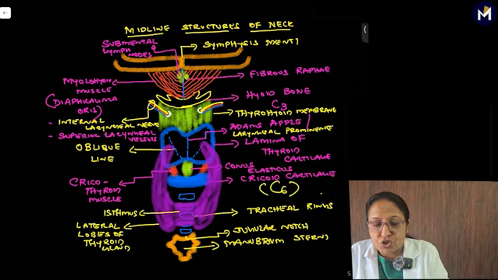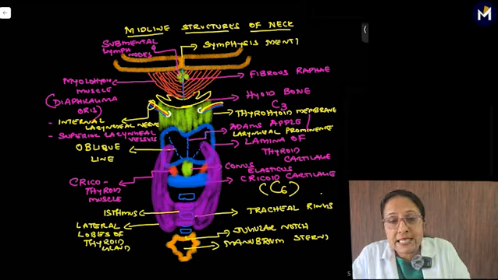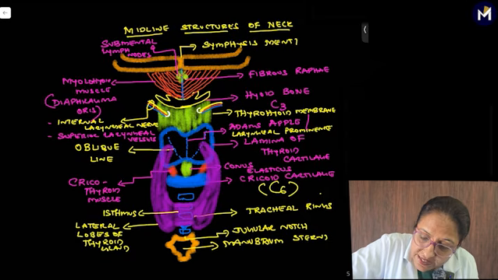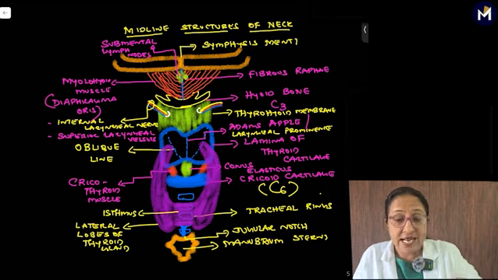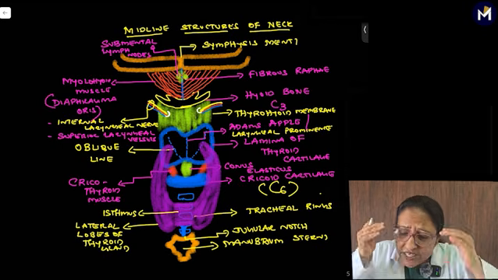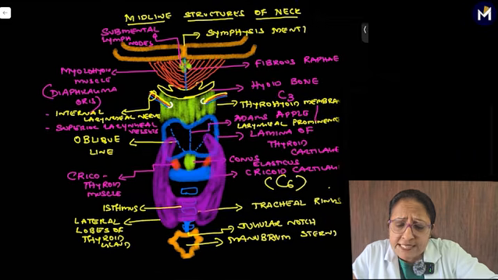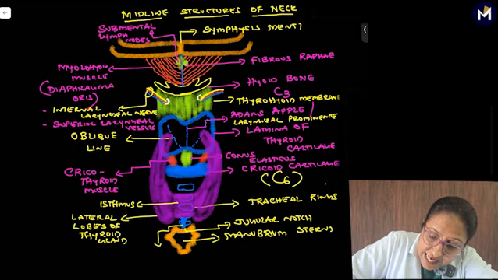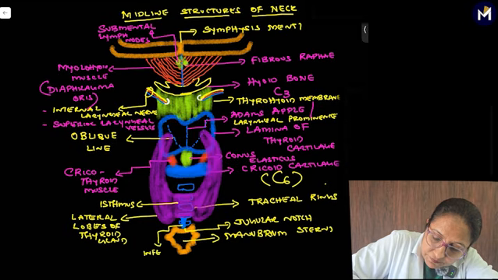Now, just beneath the isthmus of the thyroid gland, we have here a very important vein which I am drawing here. This is inferior thyroid vein. We need to keep all these points in mind during tracheostomy. So this is inferior thyroid vein.